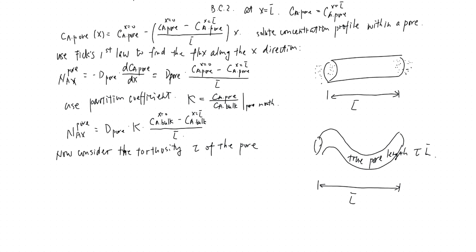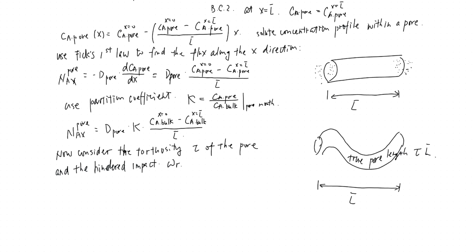Second, we are going to consider the hindered diffusion, which we also discussed in the last lecture. It's due to the hydrodynamic interaction. So the hindered diffusion within the pore reduces the effective diffusion coefficient compared to the bulk part. In the end, for the hindered effect, you give it a symbol omega r.